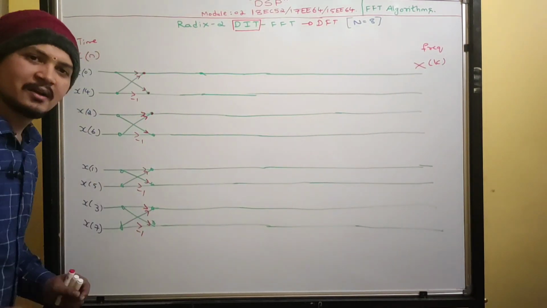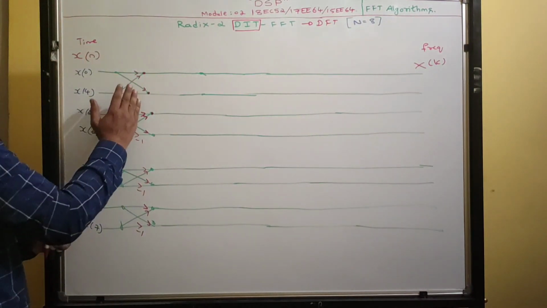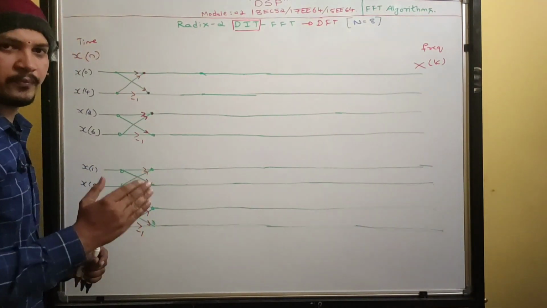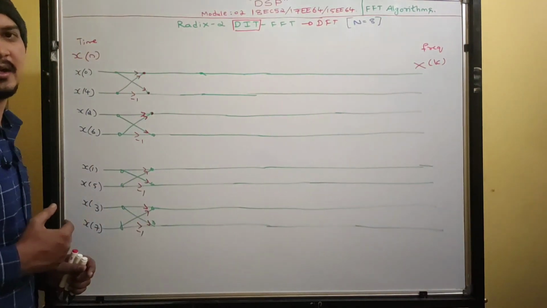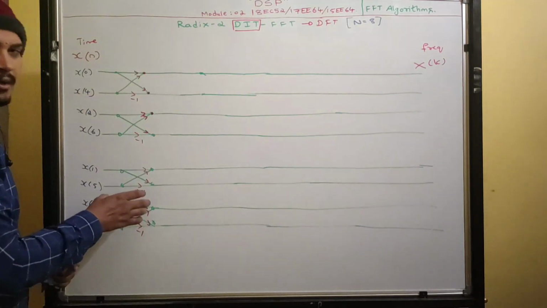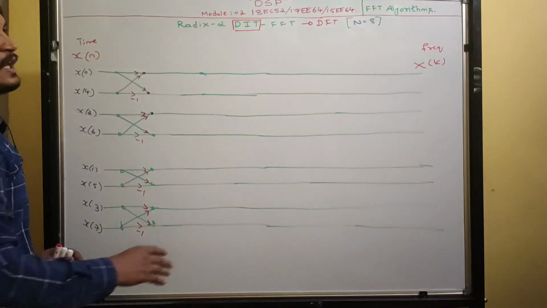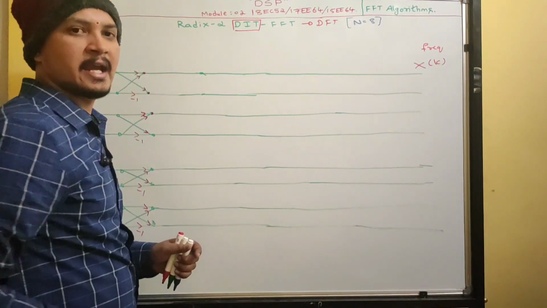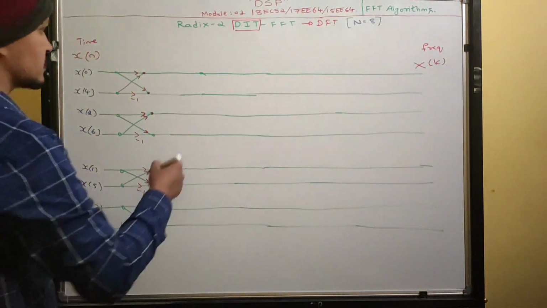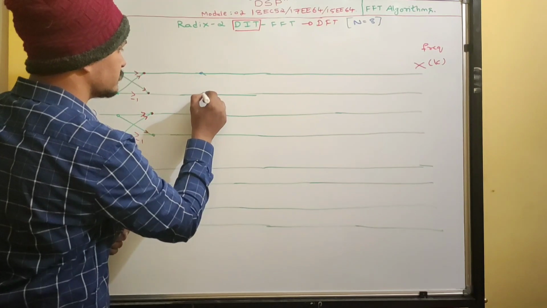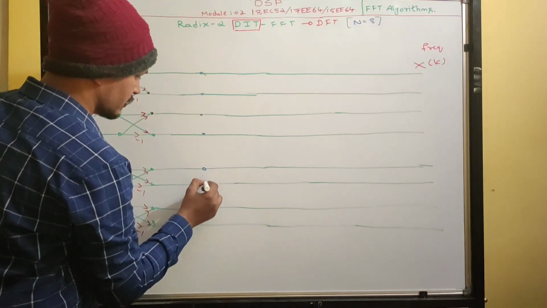2 point butterfly. Next, after writing 2, then you should go for 4 point. This is stage 1. In stage 2, 4 point. In stage 3, 8 point. Finally, at the third stage, we are getting 8 point DFT. So next, while writing another one, again you write dots.